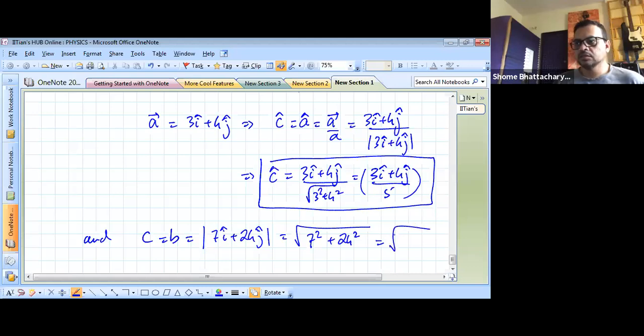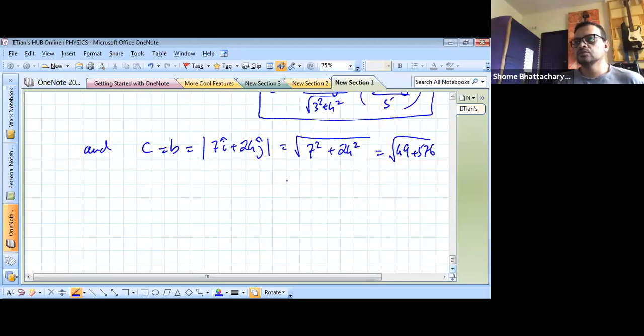That is square root of 49 plus 576, which is square root of 625, or 25. So mod C is equal to mod B, equal to 25.